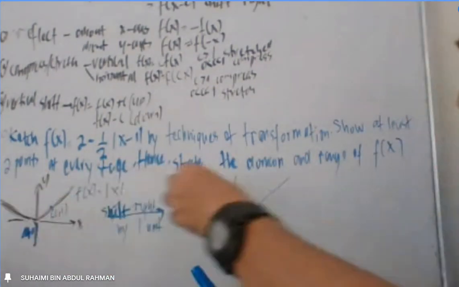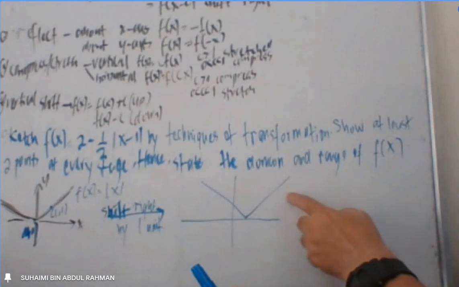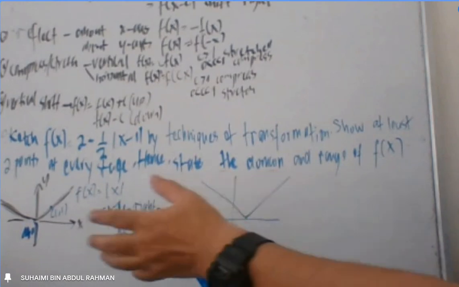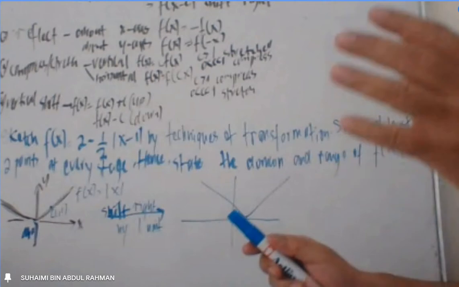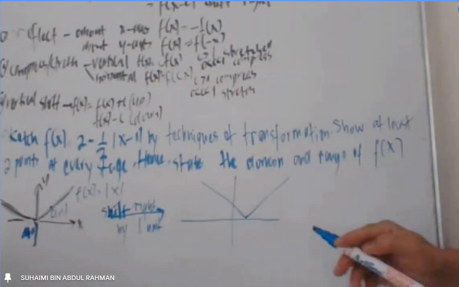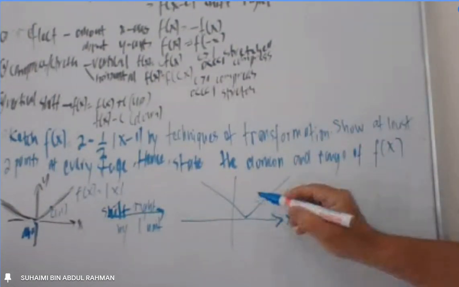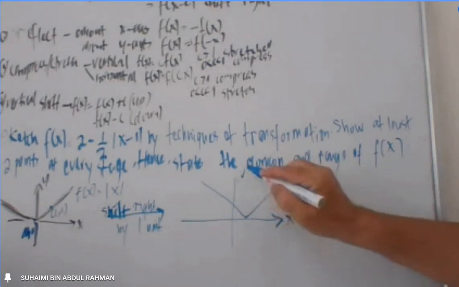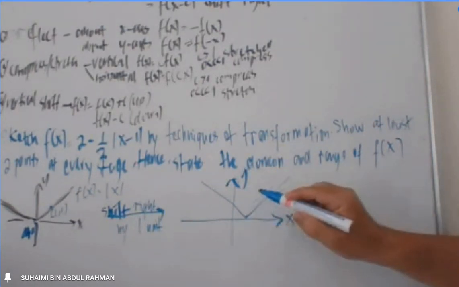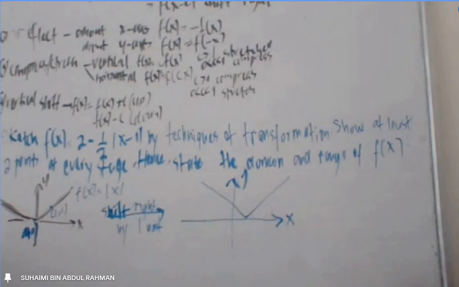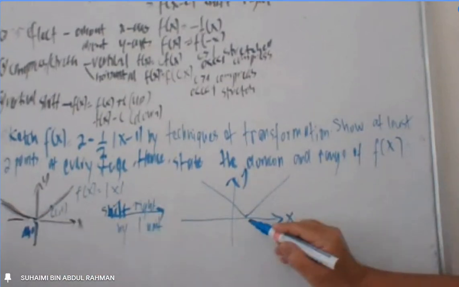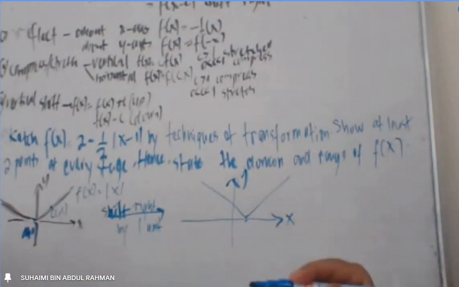When we shift to the right, we calculate this step by step. The x and y here: point 0, 0 will go to which point now, because we shift?